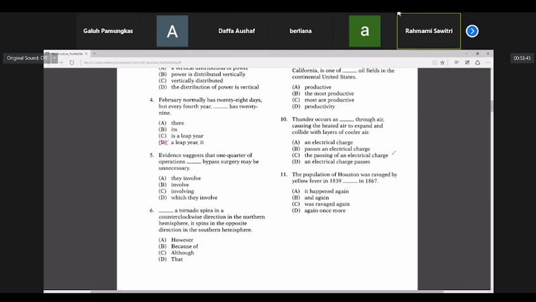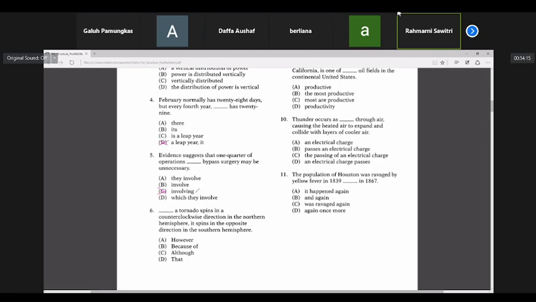B. Evidence suggests that 1/4 of operations involving bypass surgery may be unnecessary. The correct answer is C. Why C? Actually, the full clause is: evidence suggests that 1/4 of operations which involve bypass surgery may be unnecessary.